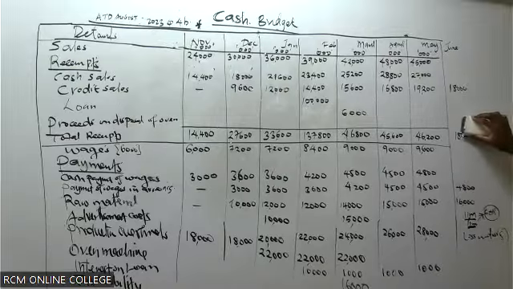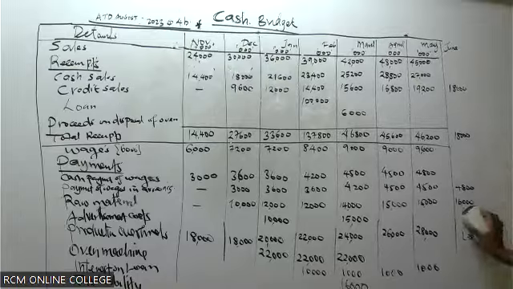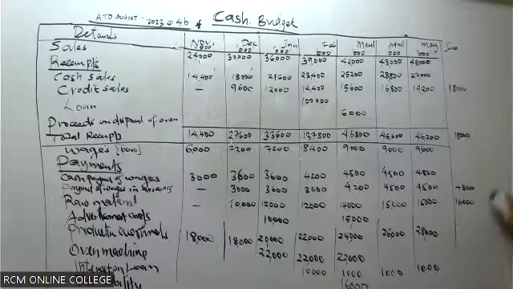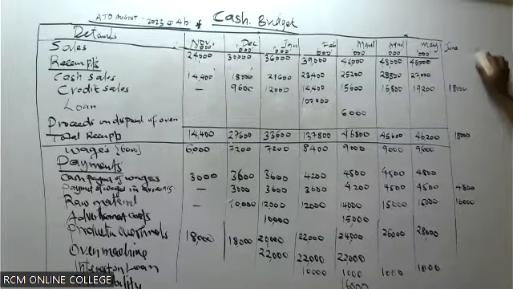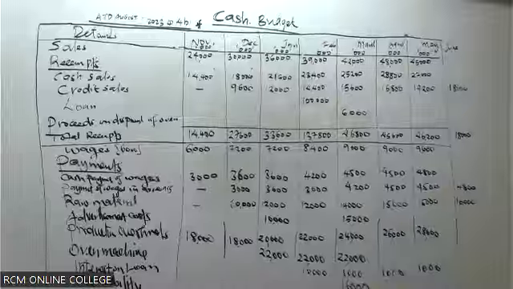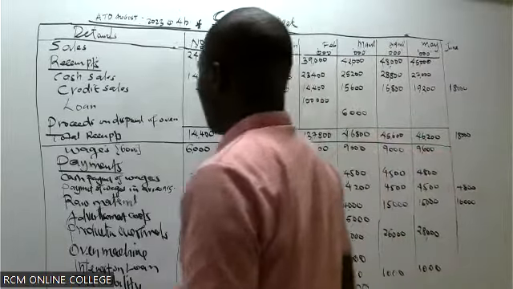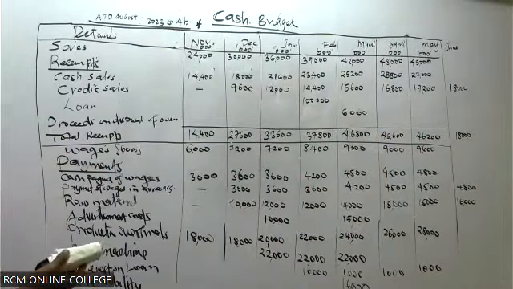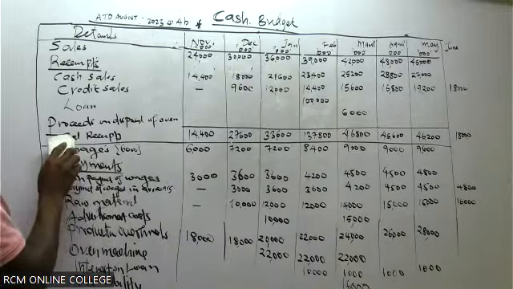Give me the total payments. What do we have here? If you add everything in this column, what will you have? I want to put it somewhere here.